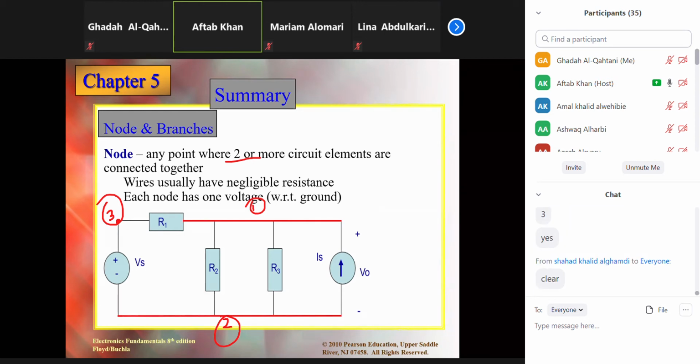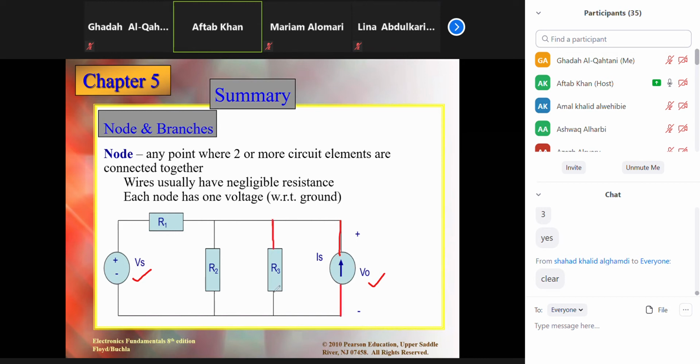Any question related to the nodes? Clear? Yes. Okay. This is about the branches, yani the circuit elements. So what are the circuit elements here? We have resistance, we have voltage source, we have current source. So this is called a branch. This is a resistance.